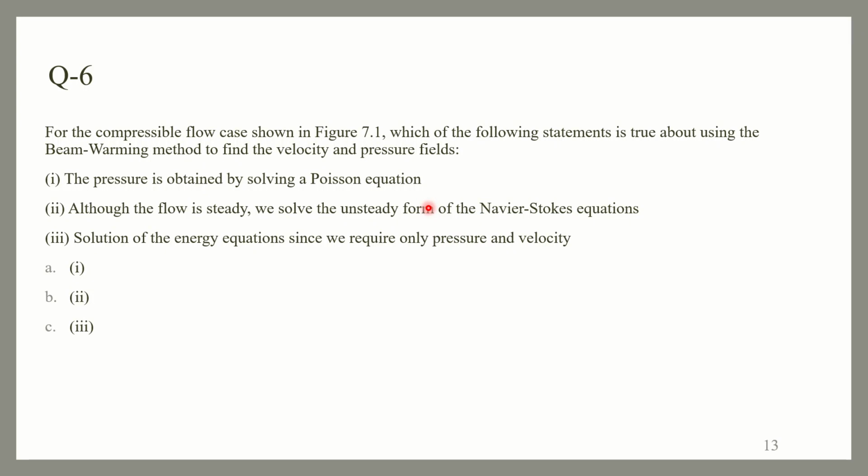The third one, solution of the energy equation since we require only pressure and velocity, states that we do not need it, but in actuality we need it also while solving the unsteady Navier-Stokes equations. The answer is option B.